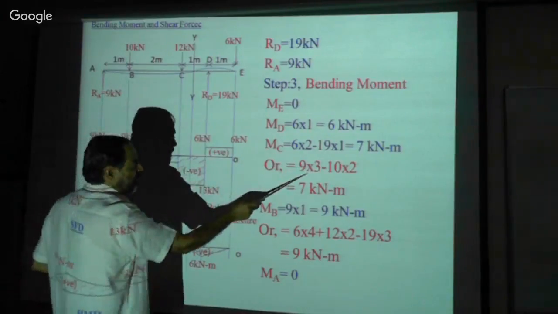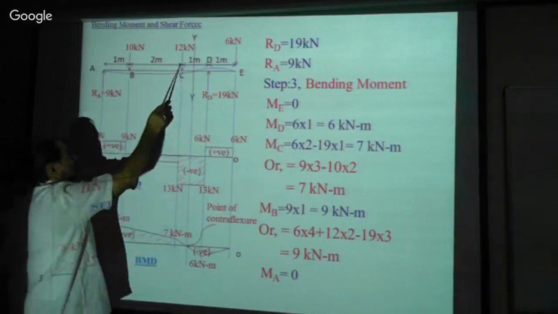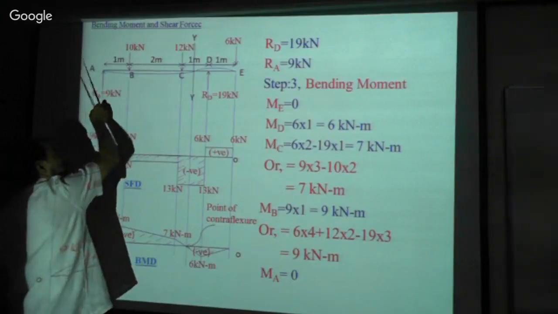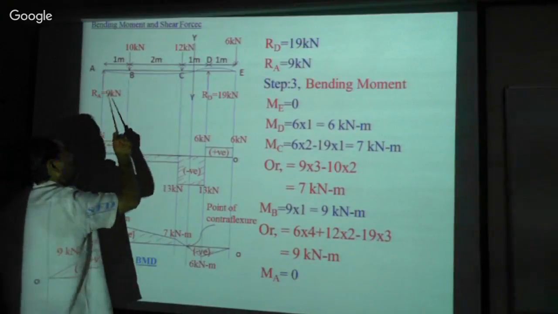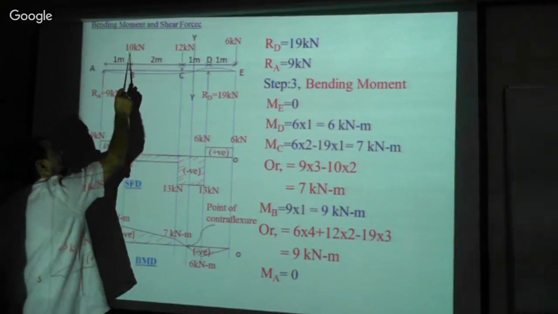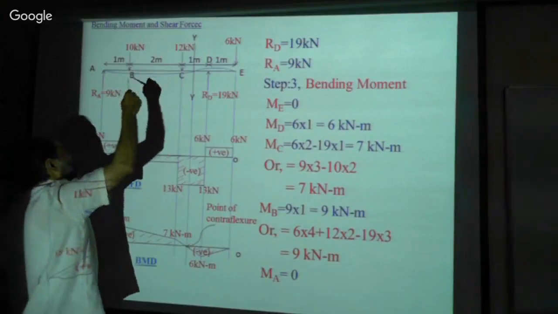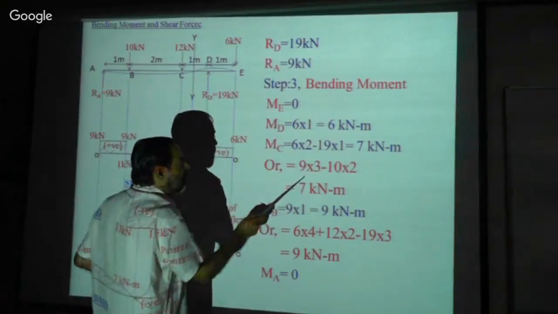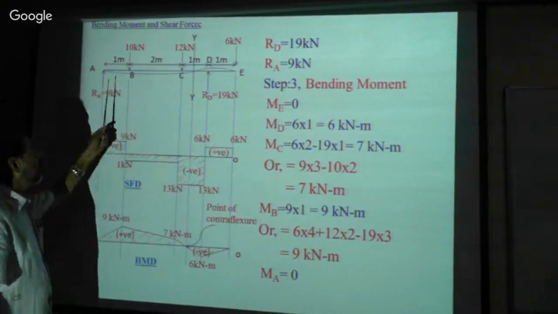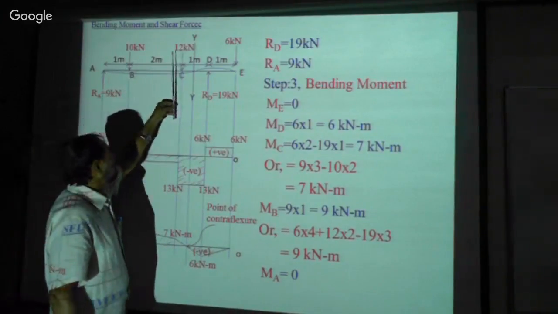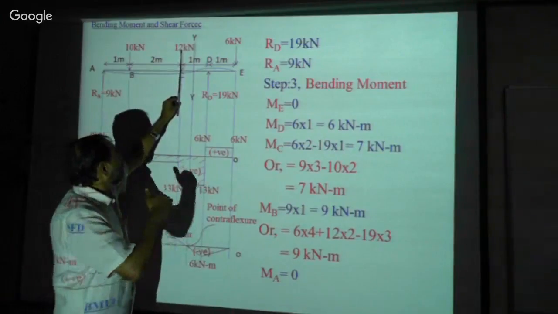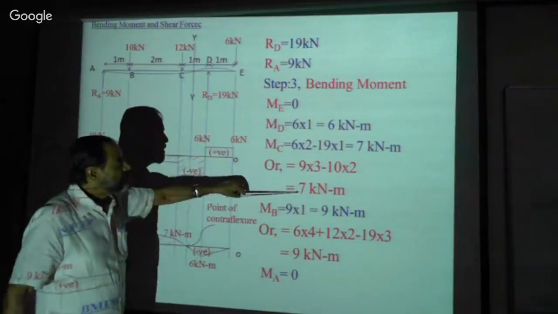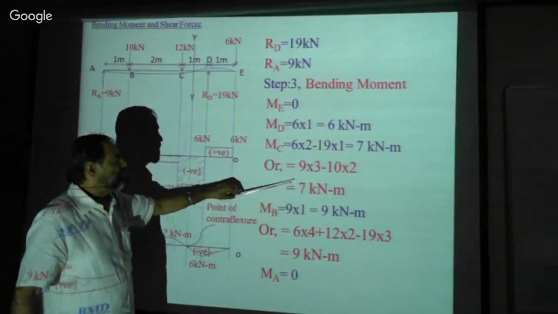And with respect to C, bending moment at C is equal to, by considering the left hand section, 9 into 3 meter, and the other force creates anti-clockwise 10 into 2 meter. That is what we have written here. Therefore, the result is 7 kilonewton meter. So if you calculate this bending moment by considering either right hand section or left hand section, we will get the same result in both the cases, isn't it?